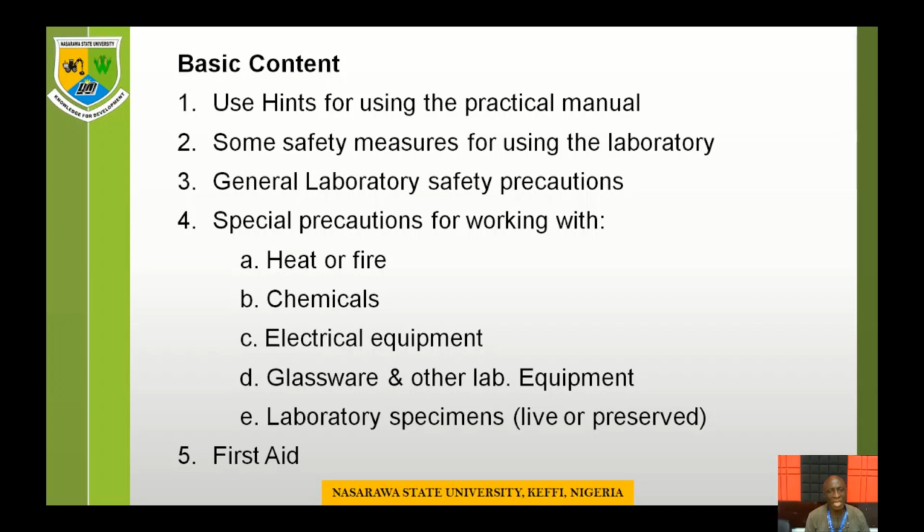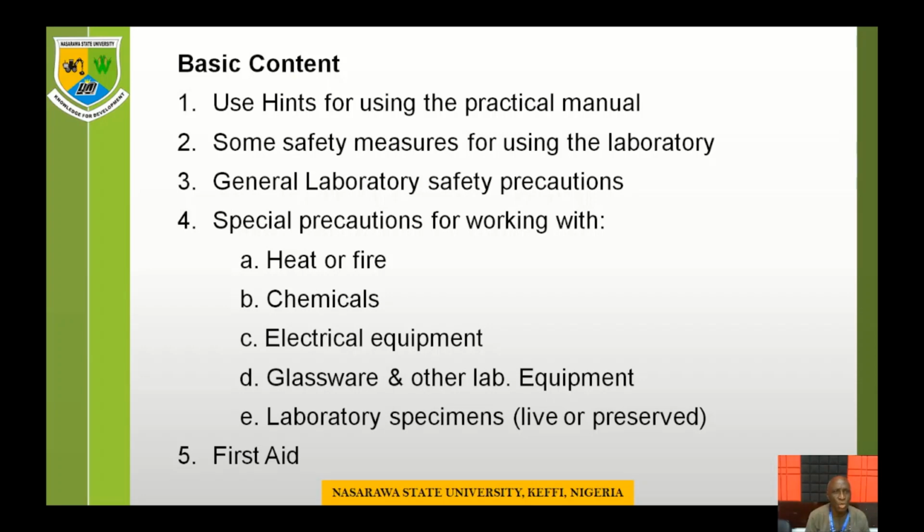Don't eat in the lab. Wash your face quickly if something spills on you, and so on and so forth. There are special precautions for working with heat or fire. We have provided those precautions, those for chemicals, those for electrical equipment, those for glassware and other laboratory equipment, and those for laboratory specimens, live or preserved.